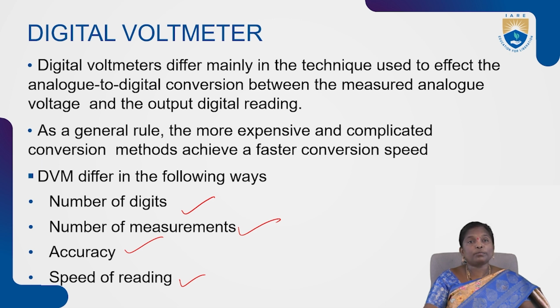The number of measurements we need to calculate is also different. So based upon the number of digits, the number of parameters, how fast it responds, and how accurate it is, we can define digital voltmeters in different ways.